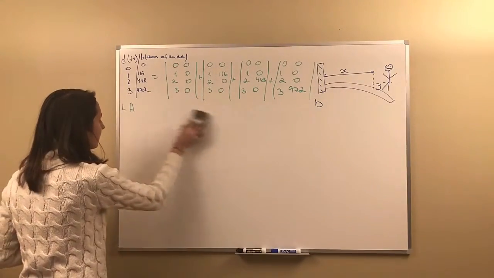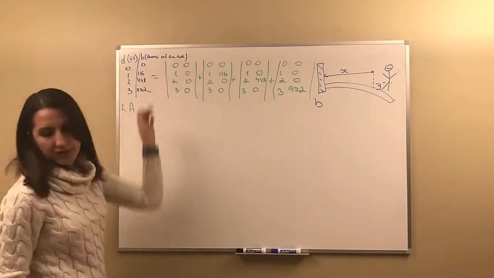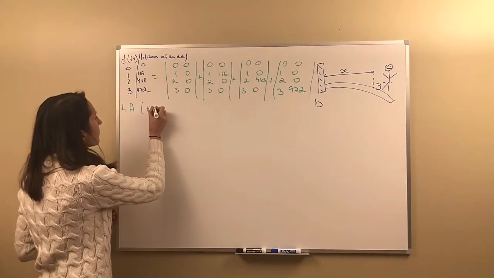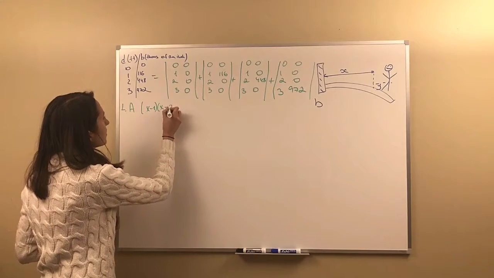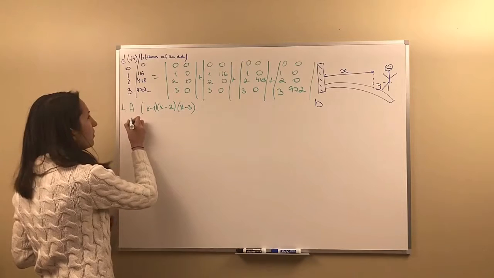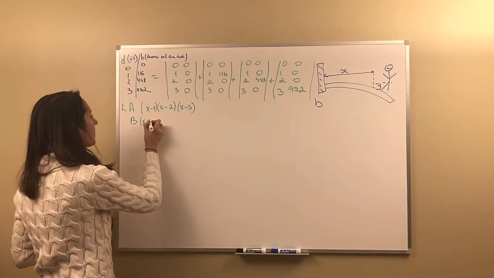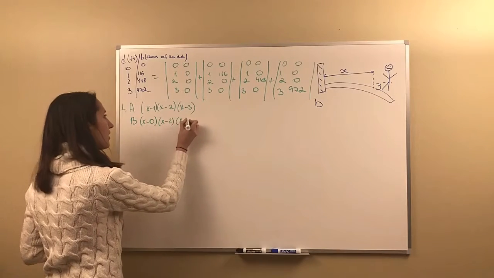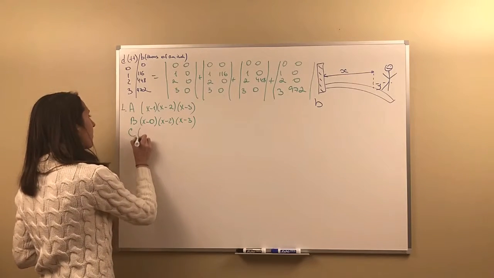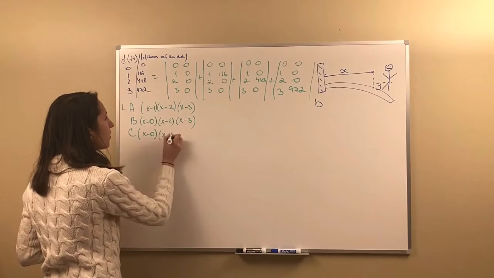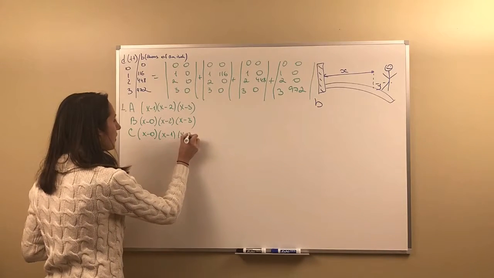That's confusing because we have 0, 0, so it does confuse us a little bit. So we go by x minus 1, x minus 2, x minus 3. The second one will be b times x minus 0, x minus 2, x minus 3. Third one, c times x minus 0, x minus 1, x minus 3.